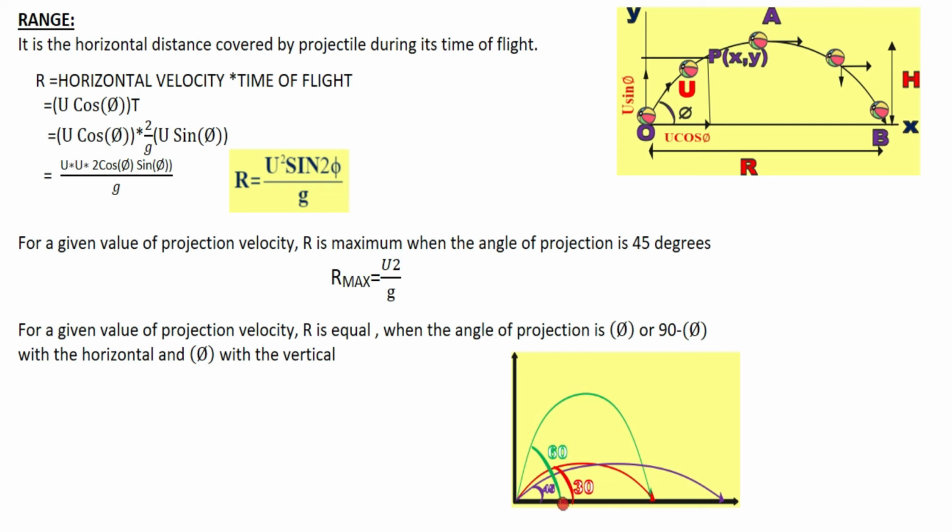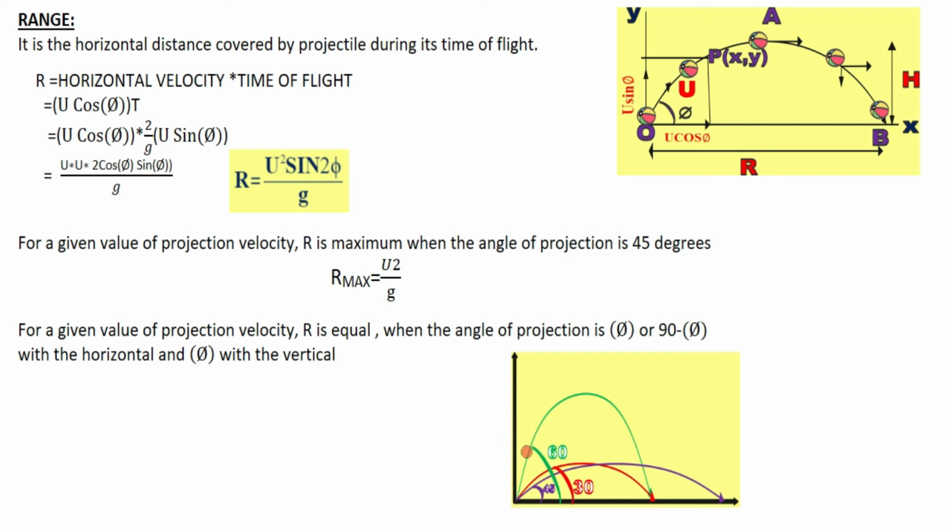In general, we can write like this. That is, the range will be equal when the angle of projection is phi and when the angle of projection is 90 minus phi with the horizontal. That is one point. Next point is, this 60 degrees with horizontal can be written as 30 degrees with vertical.